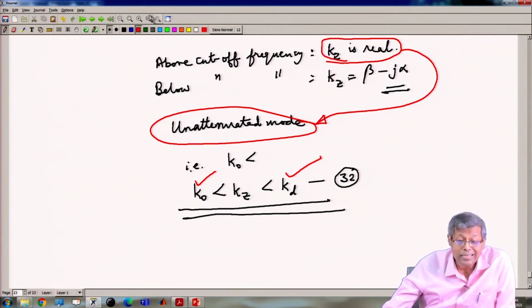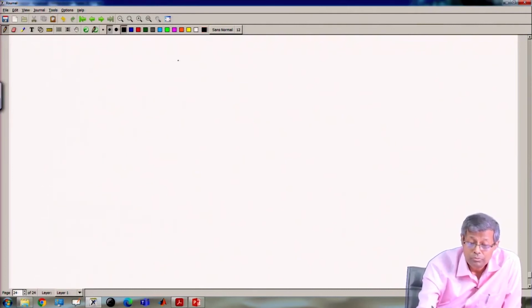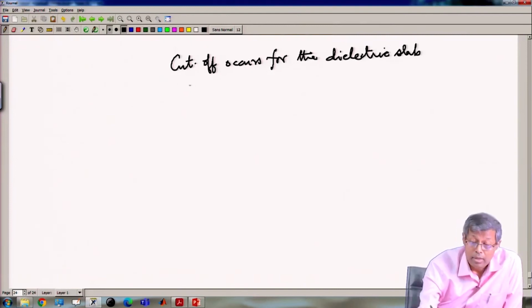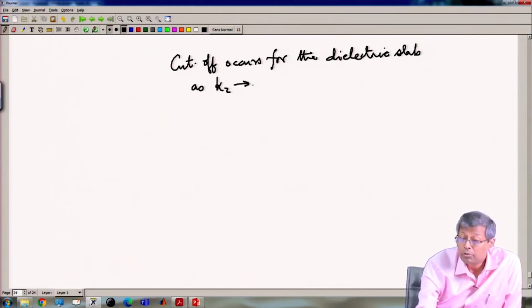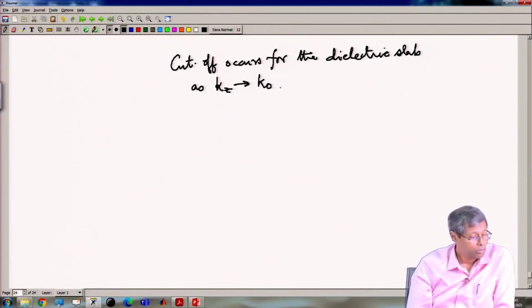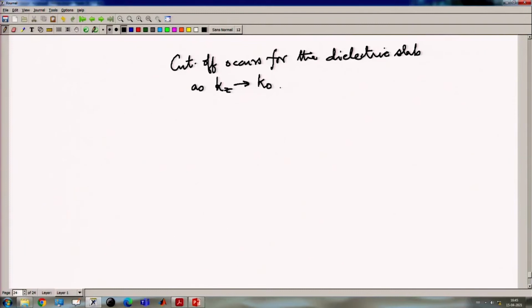So, therefore, cutoff occurs for the dielectric slab as k z tends to k 0, because if k z becomes lesser than k 0, then V, or the eigen value in the air region, is going to be complex.